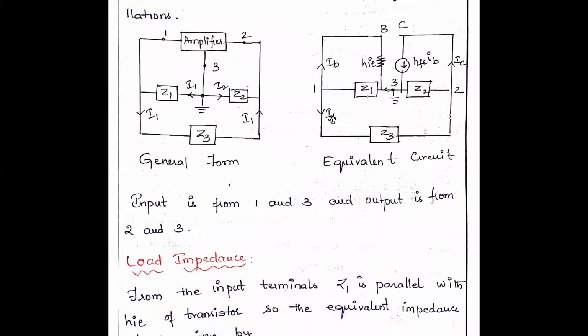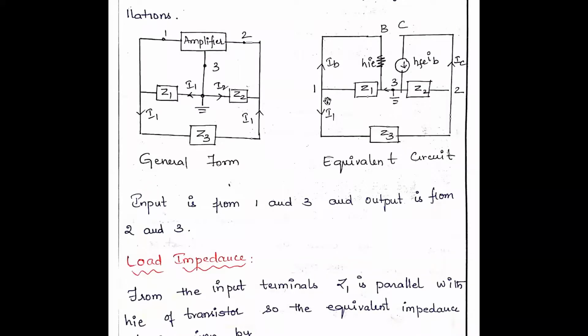We have to take the current entering terminal 1, but the current leaving terminal 1 is I1, so the current entering terminal 1 will be minus I1.